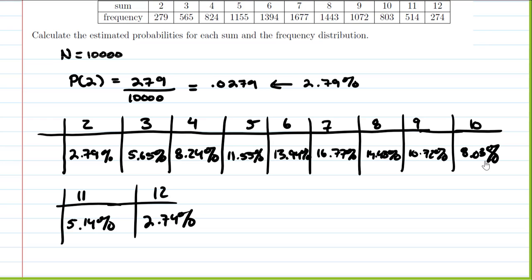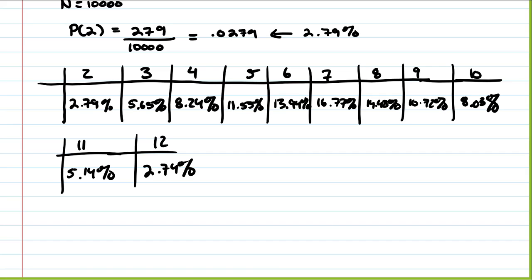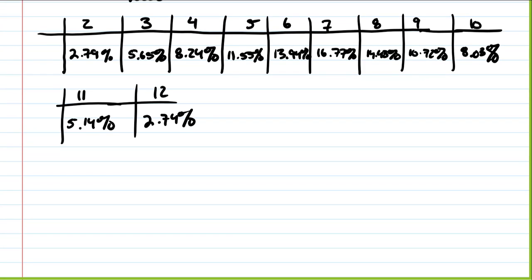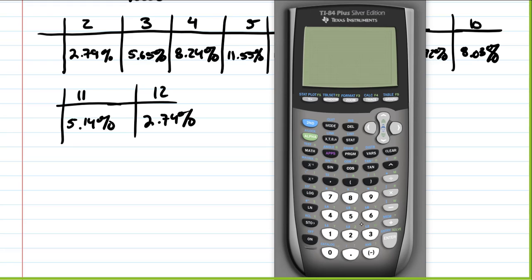Okay, a couple of things we want to take note of. What happens if we add up all of these percents? So what's 2.79 plus 5.65 plus 8.24? If we add all of these up, what are we going to get? Well, let's do it.